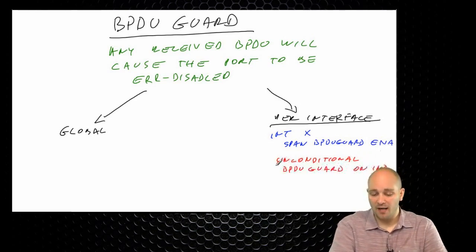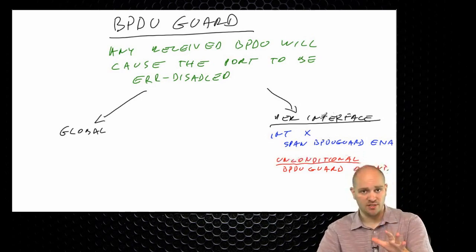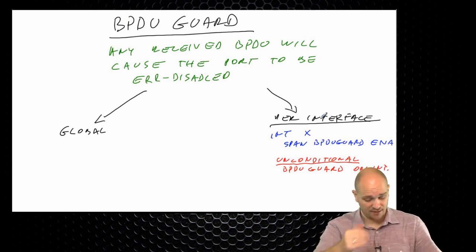What I mean by unconditional is that when enabled on a per interface basis, it is not dependent on the Portfast state. Basically, on that interface, if we receive a BPDU, that's it. Bam! The port will go error disabled. Let me show you that.